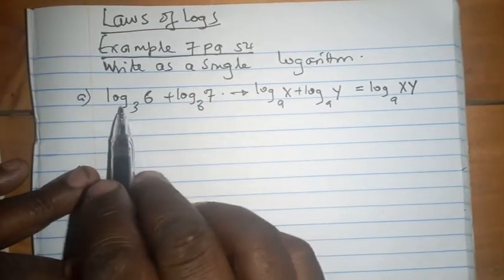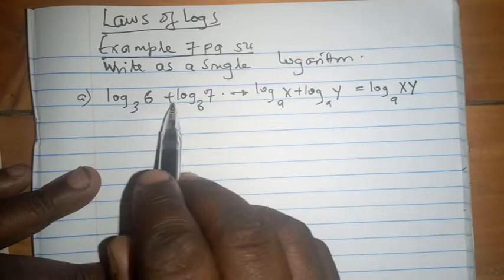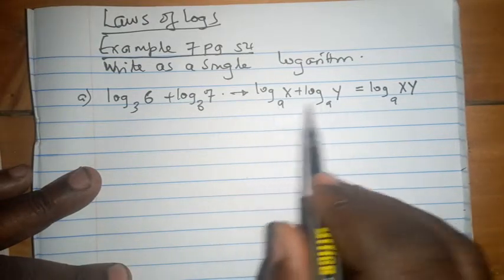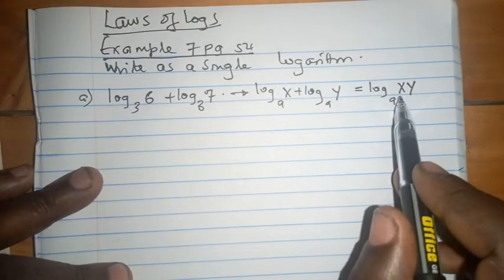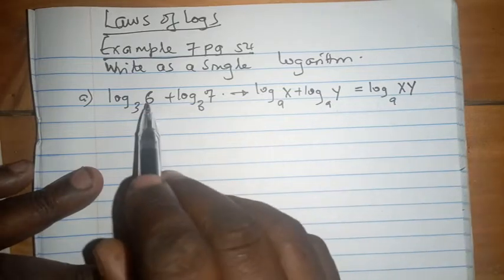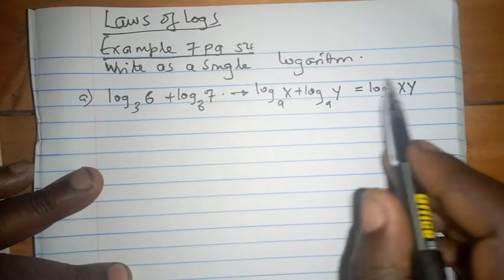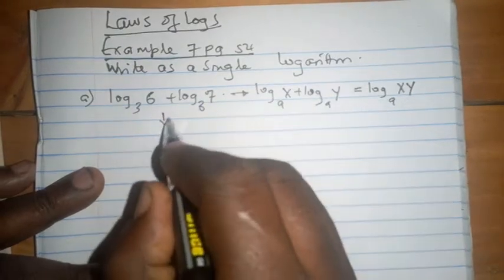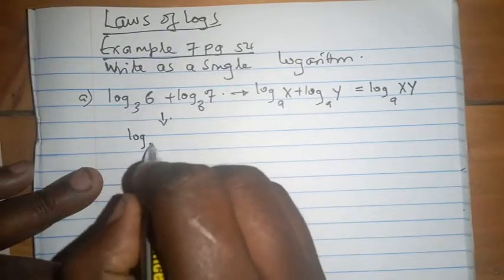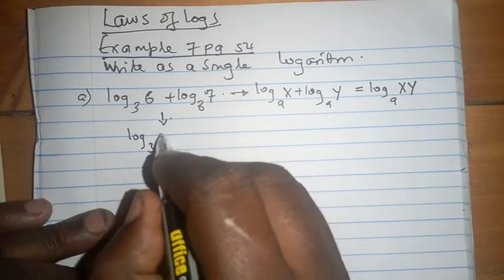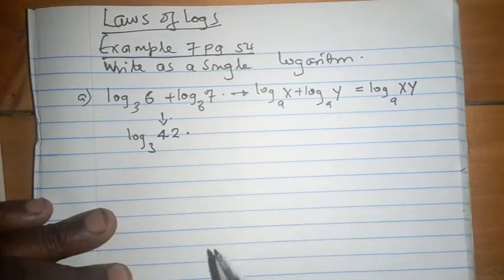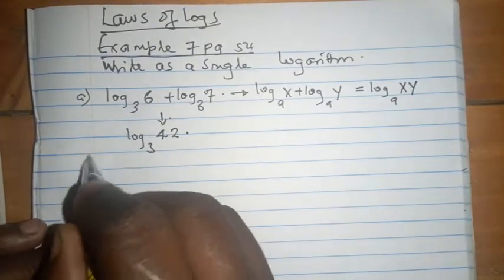You can see this is log to base 3 of 6 plus, so we are in this format, and we need to get to this particular format. So it's just to get the product of 6 and 7, and this automatically becomes log to base 3 of 6 times 7, which is 42.